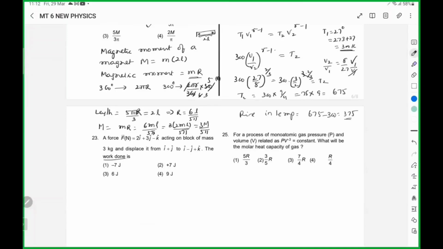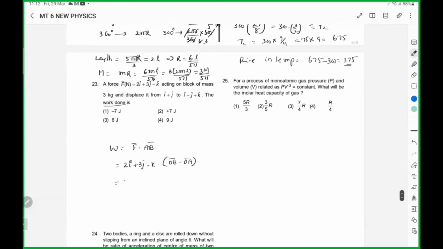A force acting on the block. So the work done here is F dot AB. F here is 2i plus 3j minus k. AB here is: initially it is at i plus j, finally it displaces to i minus j plus k.